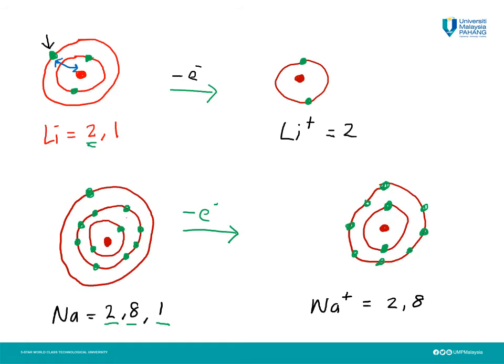So the attractive force between the nucleus and the electron on the outermost shell is stronger compared to sodium, in which the distance of the outer shell electron to the nucleus is longer, so the attractive force between the nucleus and the outer shell electron is weaker compared to lithium.